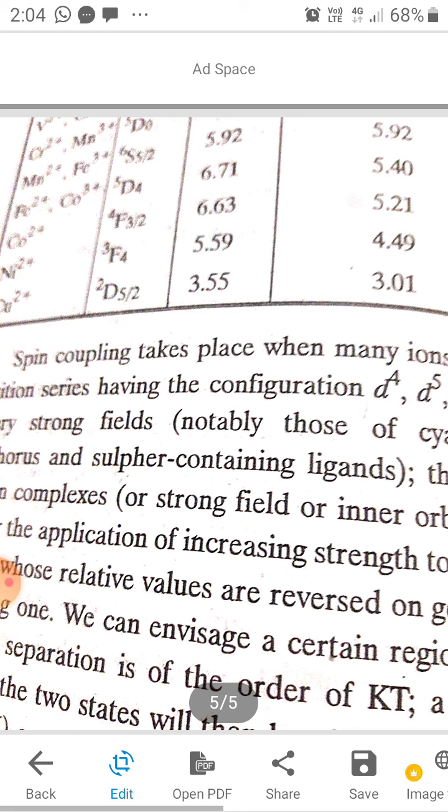A chemical equilibrium mixture of two states will be then observed. This is quite commendable for nickel complexes, not only in solution but also in solid state.